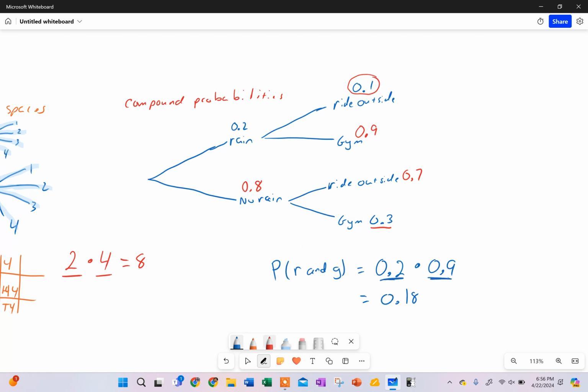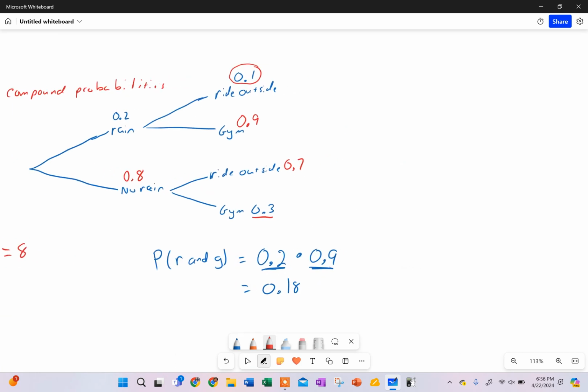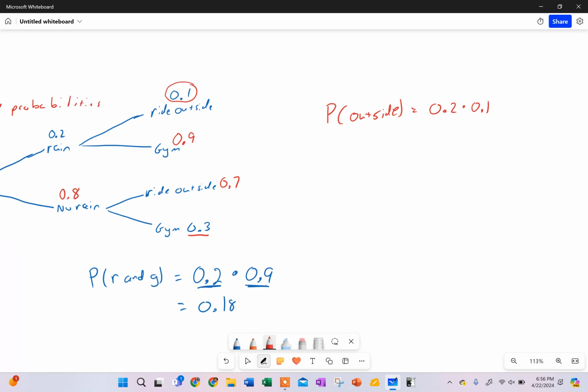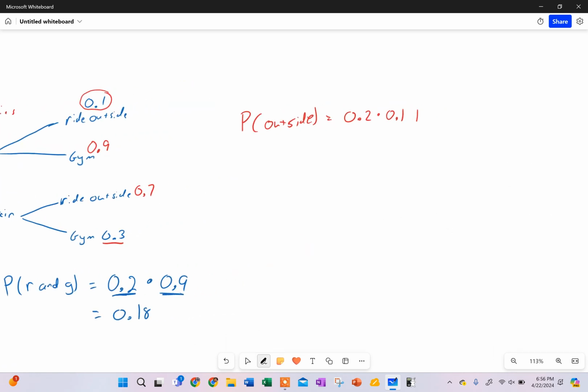Now, if I want to know what's the probability that I'm going to go to the gym, or no, let's say I'm going to ride outside. The probability that I'm going to ride outside. Well, that can happen 2 ways. If it rains, then it's going to be 0.1 that I go to ride outside. But if it doesn't rain, that's going to be 0.8 times 0.7.